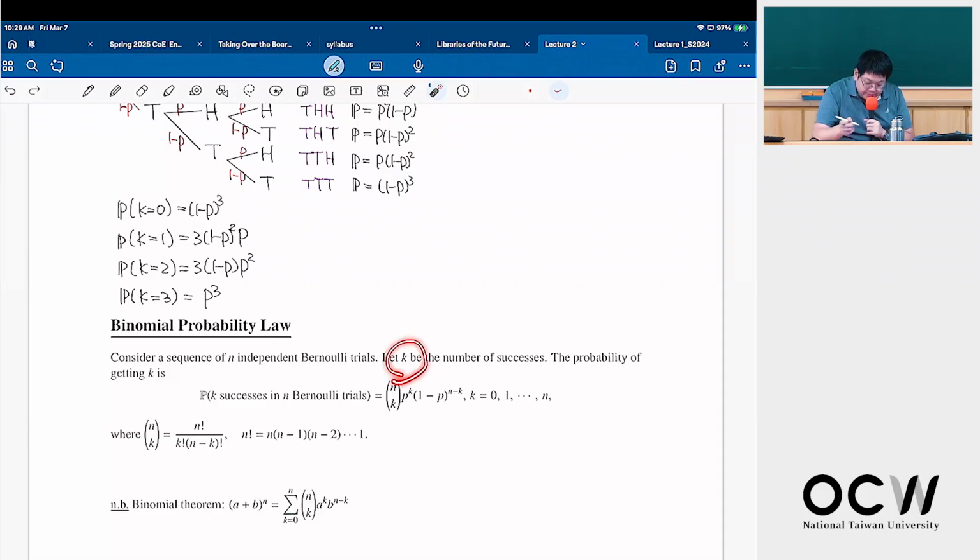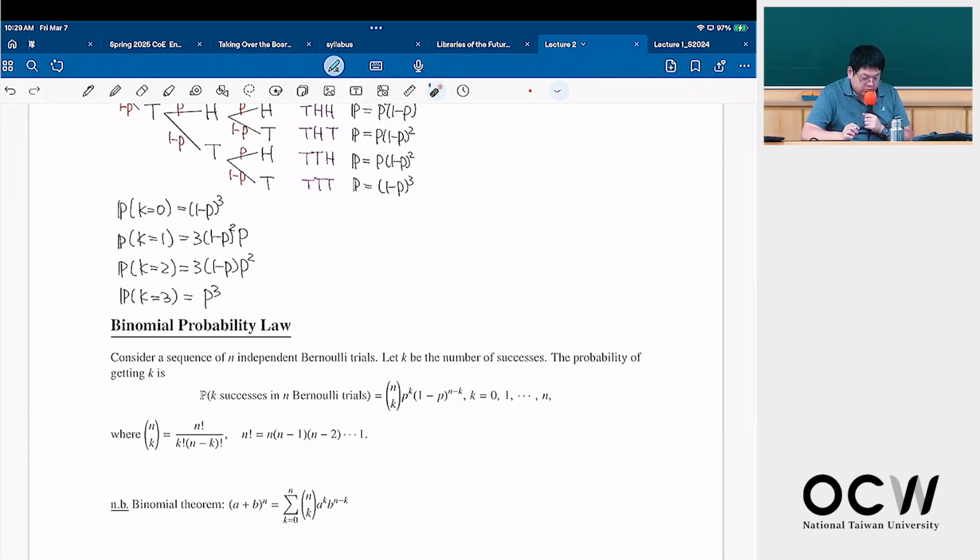And let k be the number of successes, then the probability of getting k successes in n Bernoulli trials will be n choose k times the probability p to the k and 1 minus p to the n minus k.